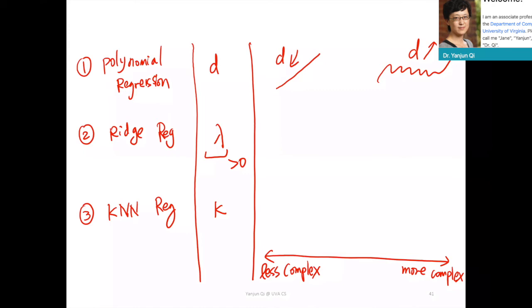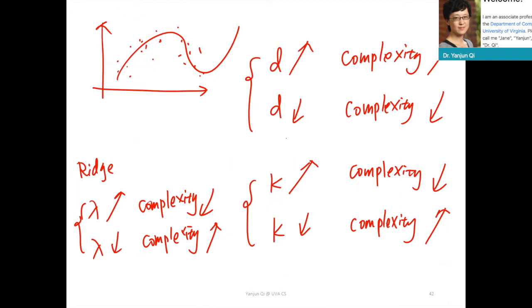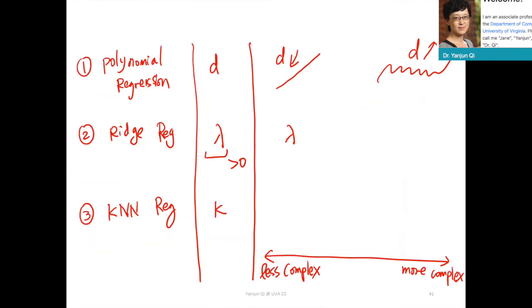When lambda is larger, it shrinks more, and when it shrinks more, it means less complex. So yes, perfect. For the less complex model, lambda is very large. For the more complex model, lambda is small. So this one is close to 0, and this one close to infinity.